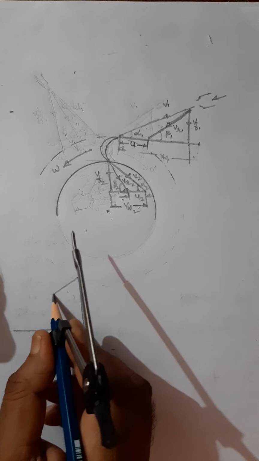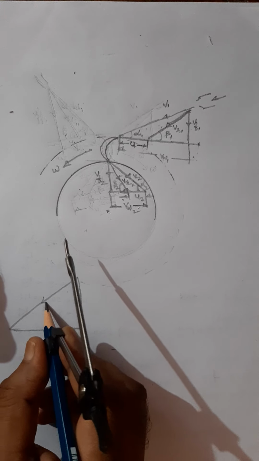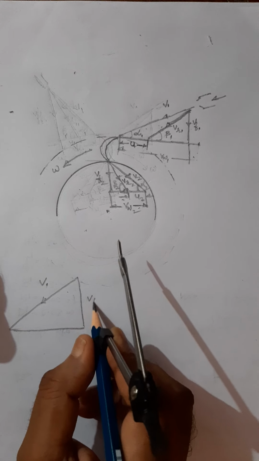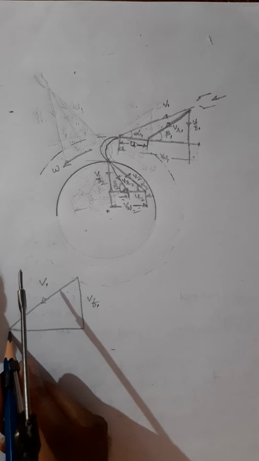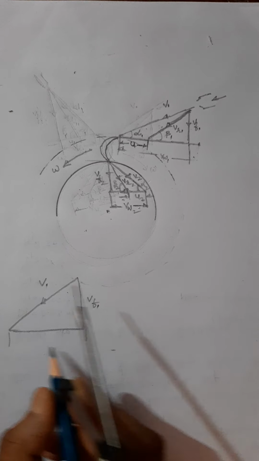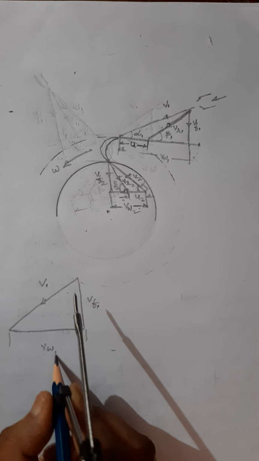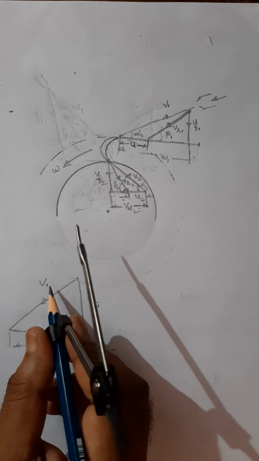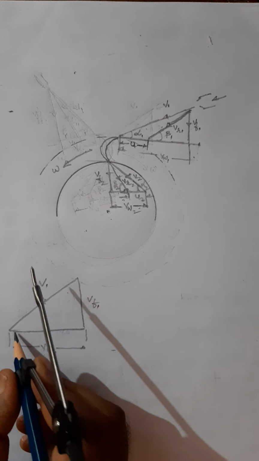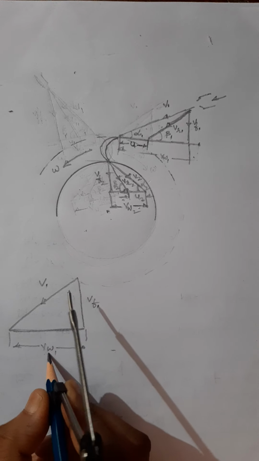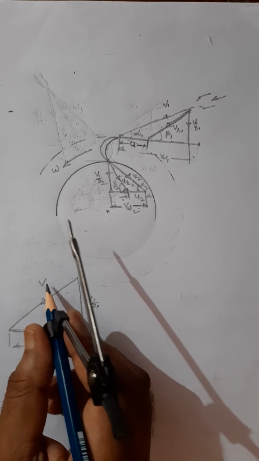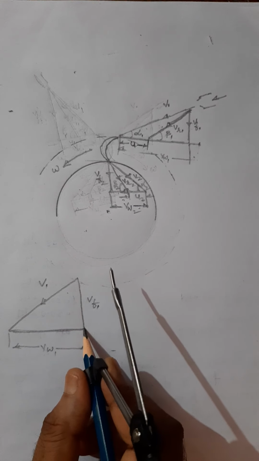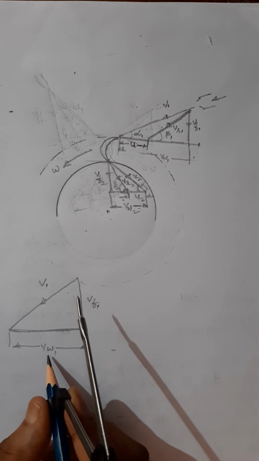Now see, this is V1, and this is VF1, and this is VW1. When you project V1 on the horizontal, that will give VW1.